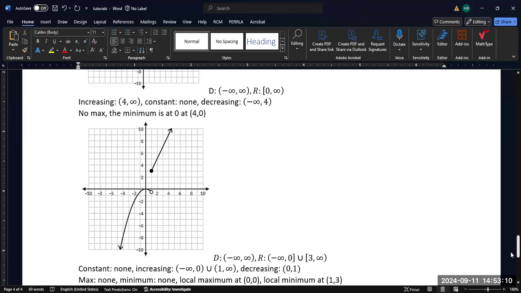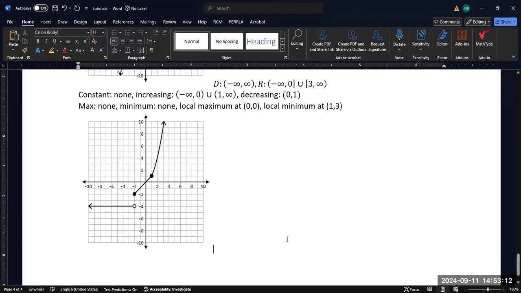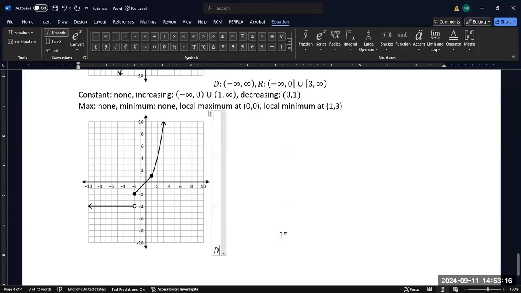All right, so let's look at our third graph. Now, let's also go through these same questions. So what is the domain? Again, we start at the left end of the graph. We see graph, graph, graph, graph, graph. There's an open circle. It jumps to a closed circle, which means the point is included on at least one section of the graph.